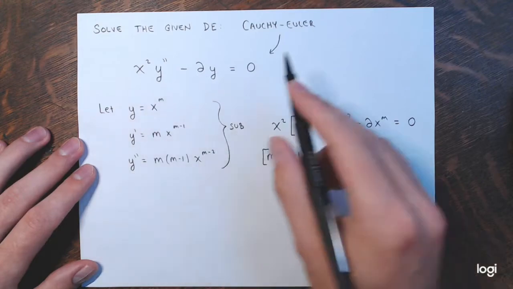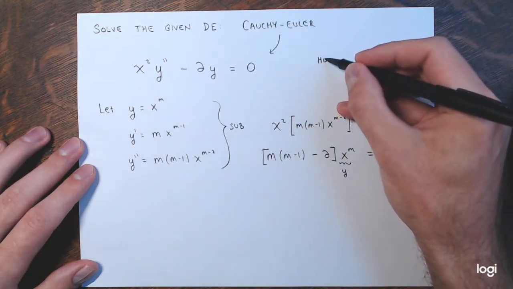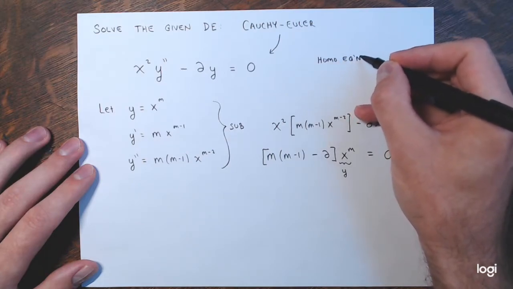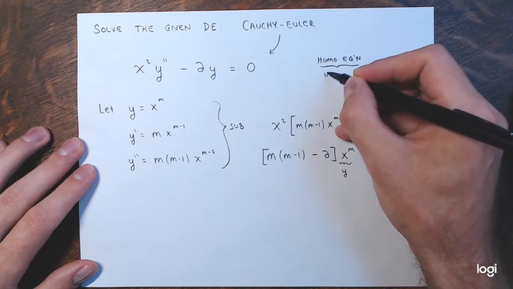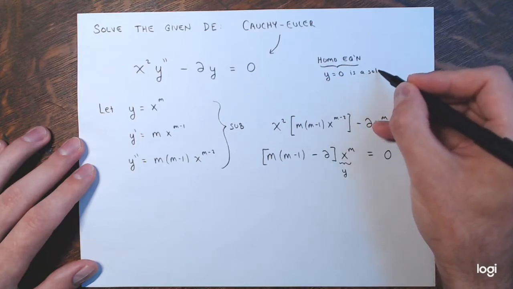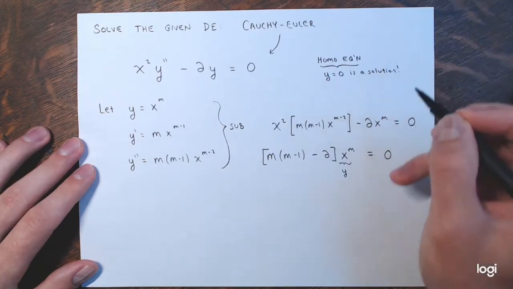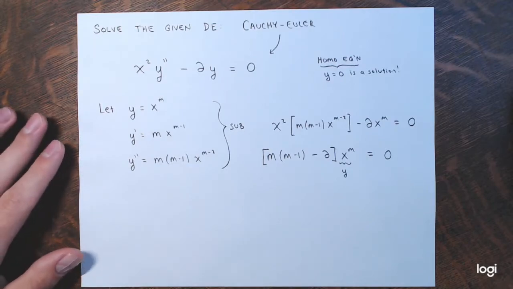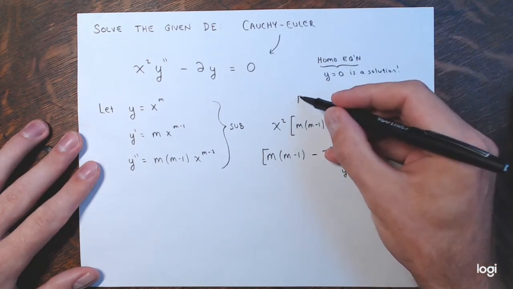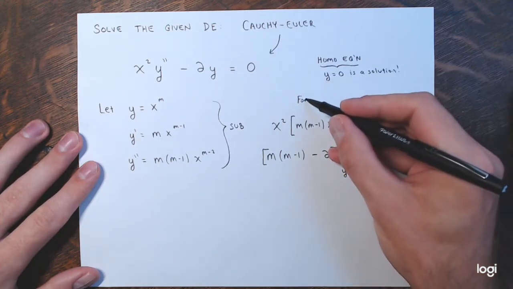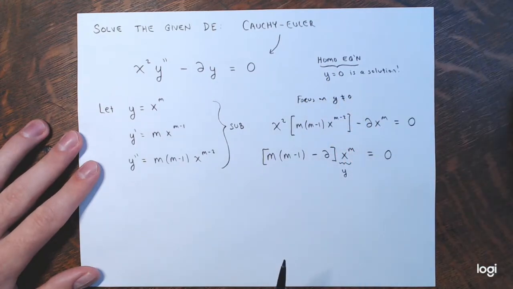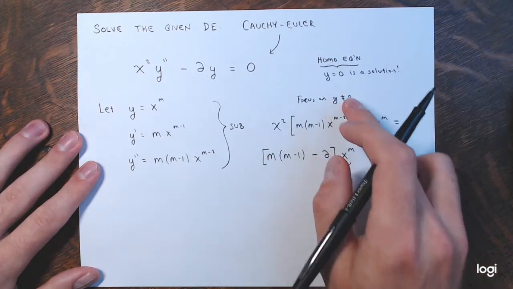And this is a homogeneous equation, as I've mentioned, meaning that y equals 0 is a solution. That's the case for any homogeneous linear differential equation. So we're going to focus on the functions y that are not always 0. We're going to focus on y not being 0.